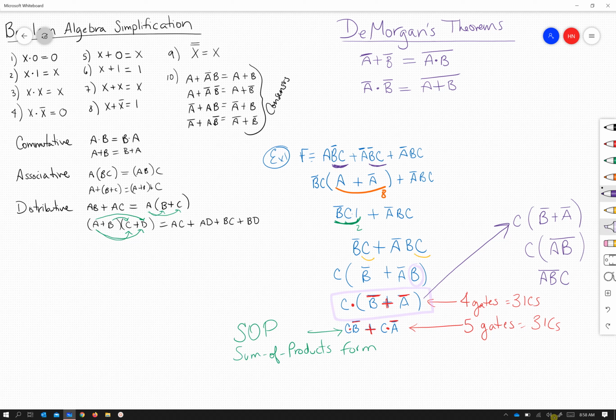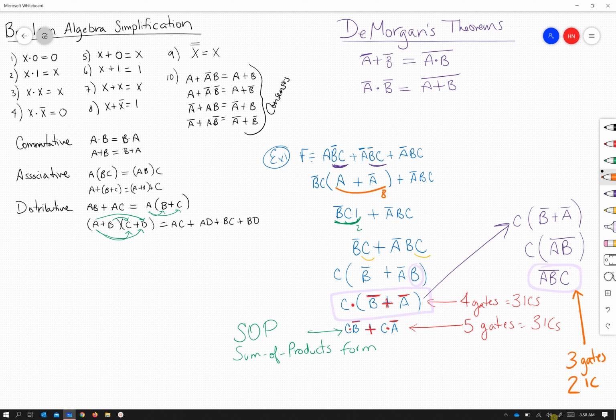Now check this out. This one right here, if you use De Morgan's theorems as well as Boolean, now I only have 2 AND gates and 1 inverter. So that is 3 gates, which is equal to 2 ICs.